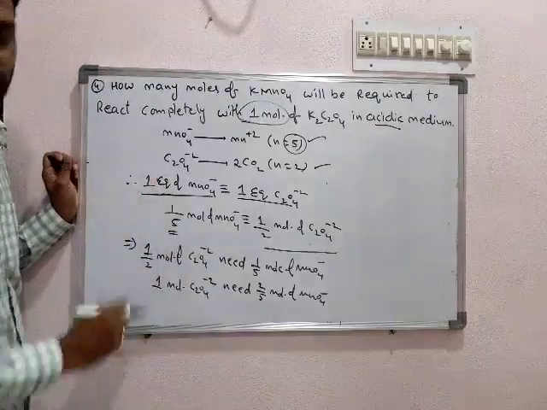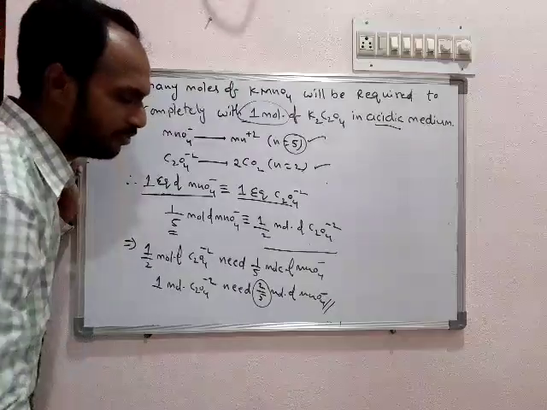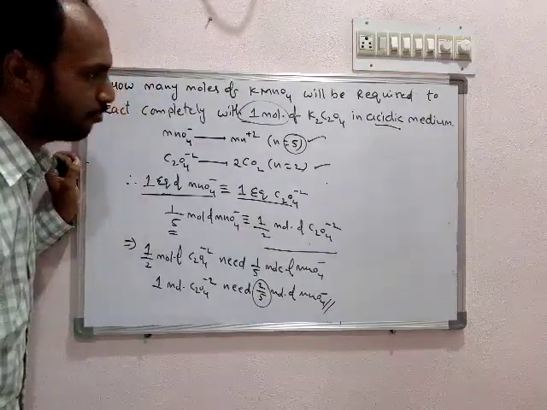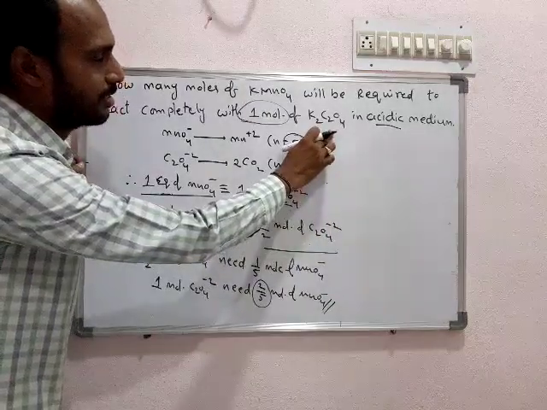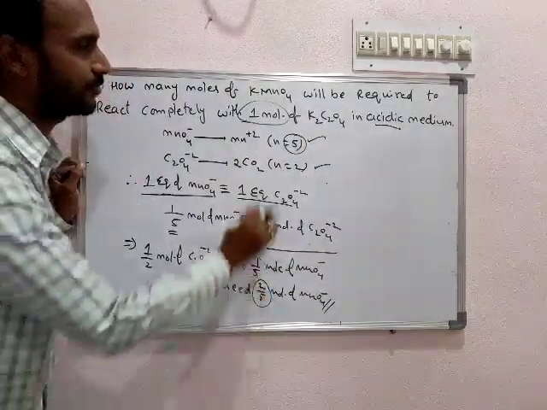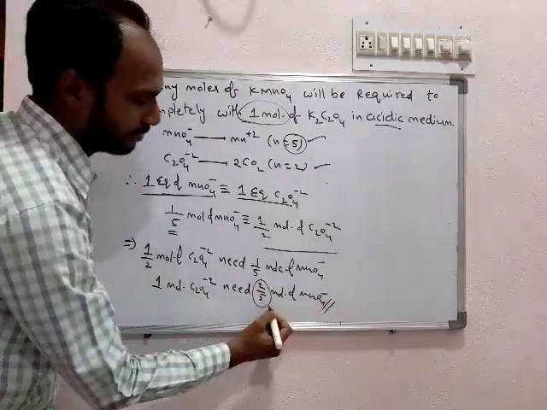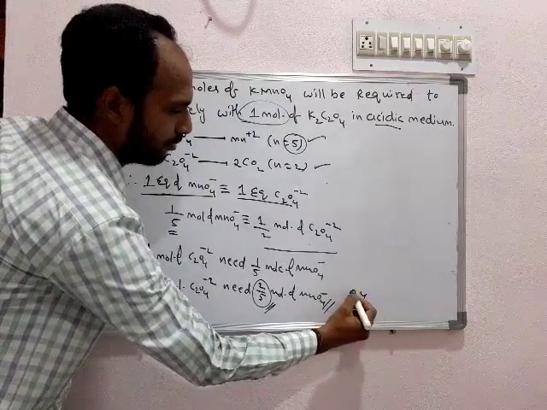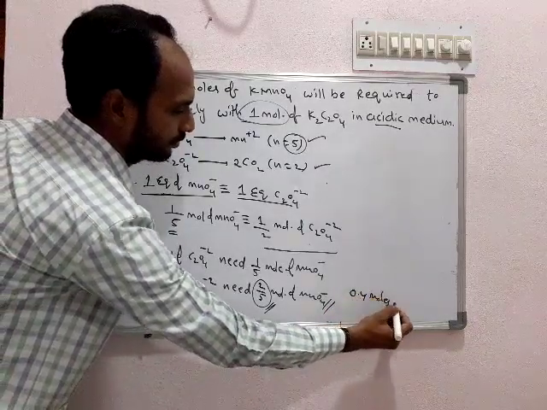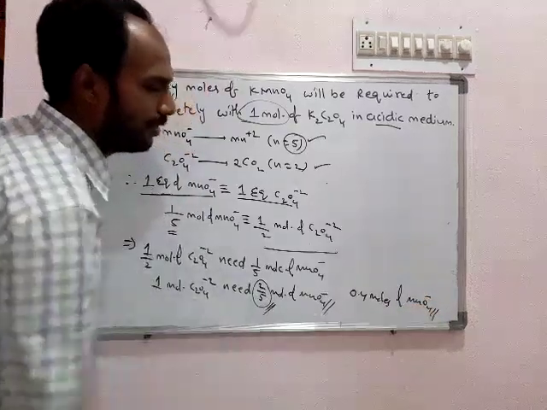So this is a way to calculate. 2 by 5 moles of MnO4 minus is required for the complete oxidation of 1 mole of potassium oxalate. The answer is 2 by 5 moles, or 0.4 moles of MnO4 minus.